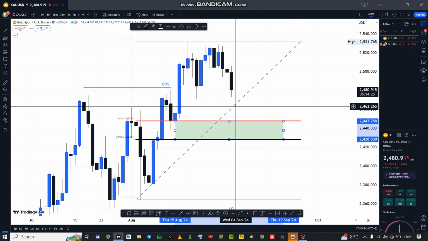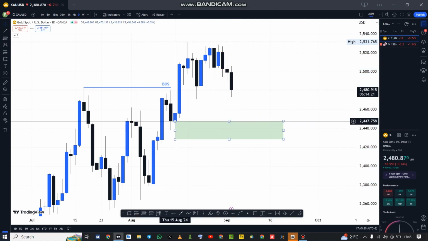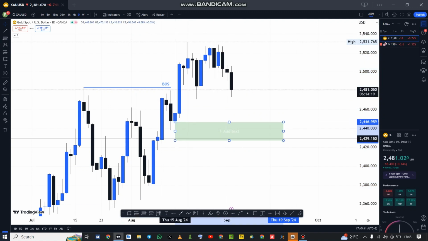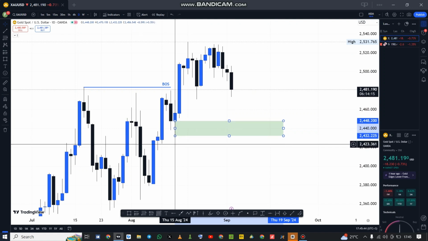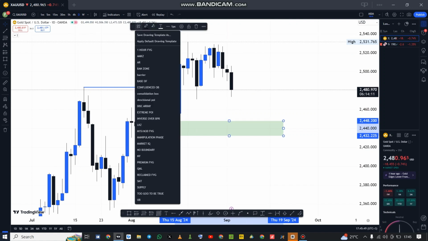Okay, it's just how simple I try to find the buyers on this market. So my demand zone, I believe it is hidden inside this wick. Okay, so this is my hidden demand zone. So I'm going to just indicate this is my demand.